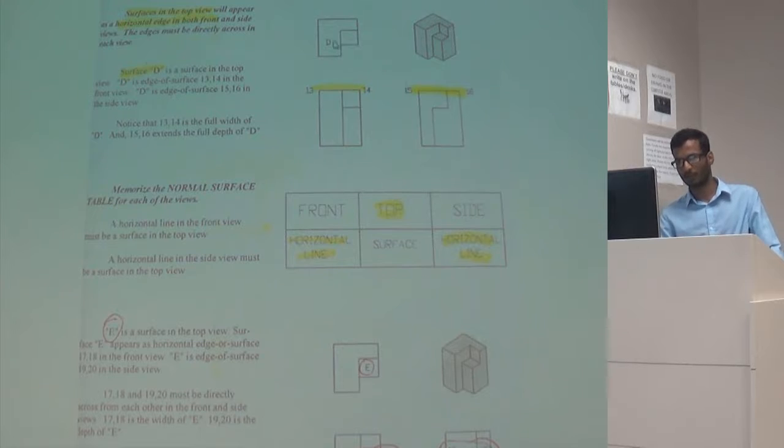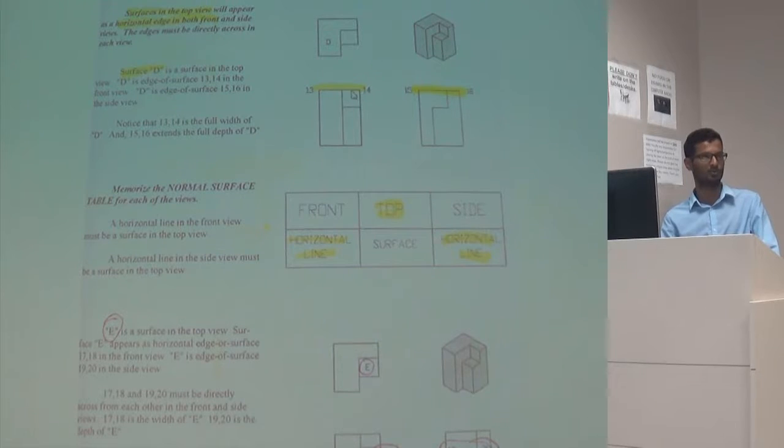So let's look at surface D, which is this. It is a surface from the top view. But the same surface, if I'm looking from the front view, I would see this edge and that edge of surface D, which is 13 and 14 from my front view. So it's a horizontal line.